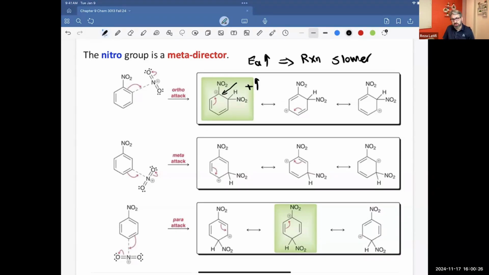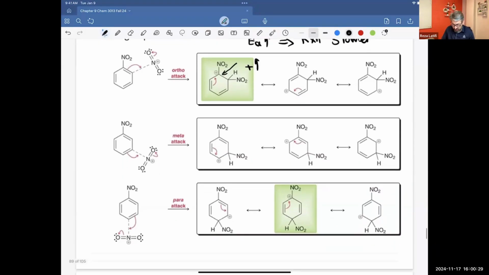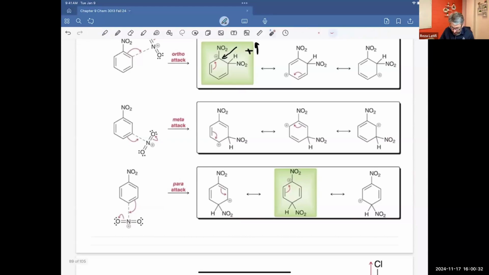And now when it comes to the para position, we get the positive charge here. But the positive charge can technically do resonance, and we can share that lone pair, that double bond, with carbon. And if that happens, we get the double bond here. Now, again, we have a positive charge sitting on a carbon where we have an electron withdrawing group. And again, the electron withdrawing group is pulling electron density to itself.